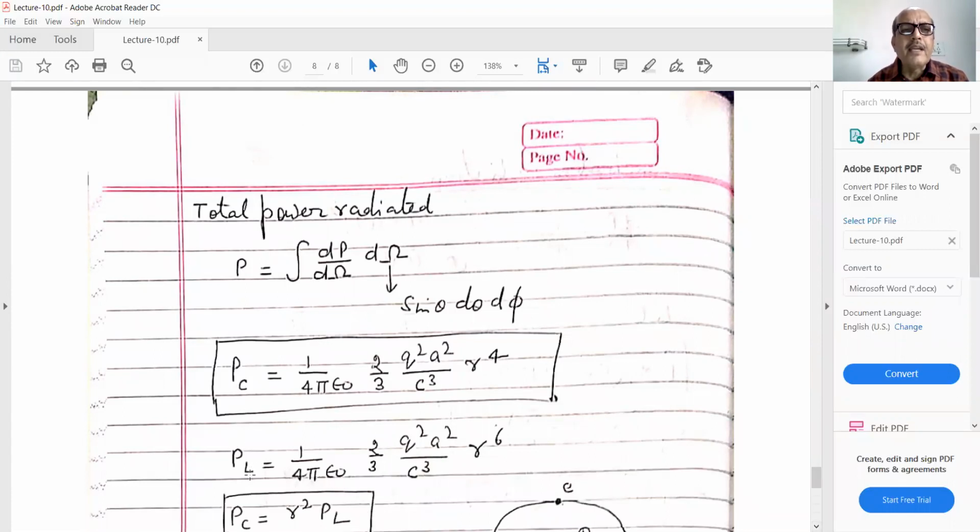In case of linear, we derived in the last lecture 1/(4π ε0) · 2/3 · q² a²/c³ into γ to the power of 6. So if we want to write down the relation between the two, the power radiated in the circular case is γ² times smaller than the power in the linear case.